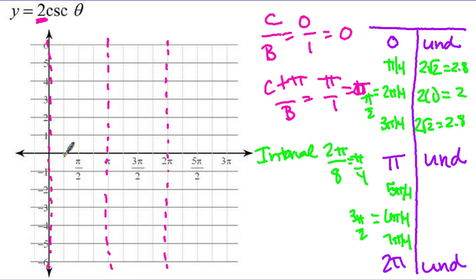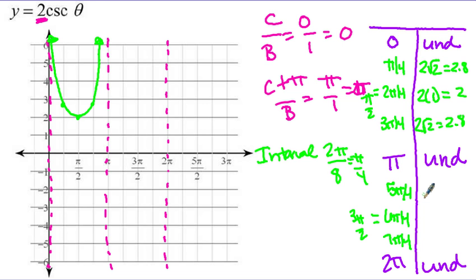So at pi over 4, we're at about 2.8. Here at about 2.8. So here's my up portion. Okay. And then I have this down chunk. So this down chunk, if you notice from the last one, it's going to be the exact same values from the up portion.